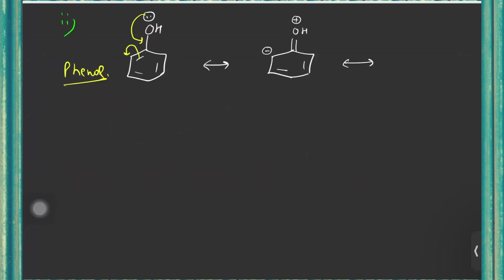Okay, so now we have to make another RS. We will shift this existing negative charge here, and the existing pi bond we will break in this way. So what will we get? Double bond OH plus, here a pi bond, negative charge. Now this negative charge will shift here again, and this pi bond will break in this way.